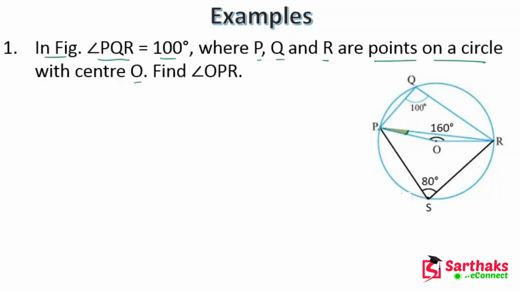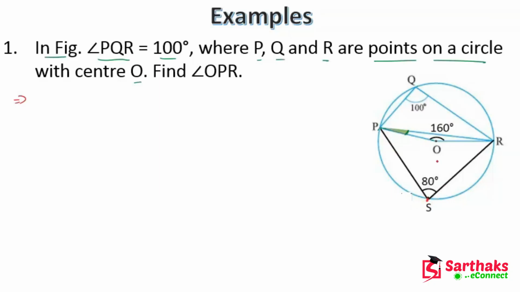Now, my dear friends, we know that PR is a chord of the circle. Now let's mark point S on the major arc of the circle, like this.